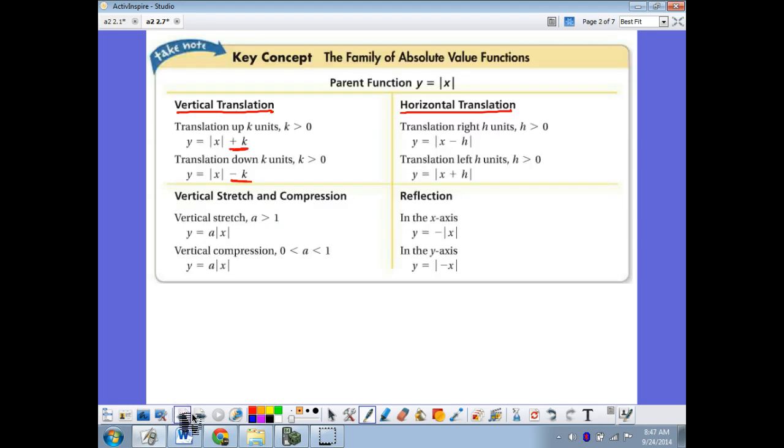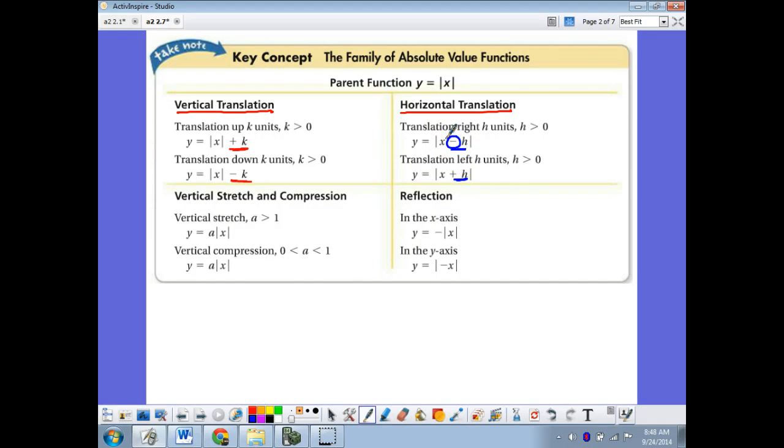Now, the horizontal translations are a little bit different. It's a little bit counterintuitive to what you might think. If we are adding or subtracting a number inside the absolute value with the x, then that tells us that we are moving the graph left or right, horizontally. Now, here's the thing you have to be careful and pay attention to.